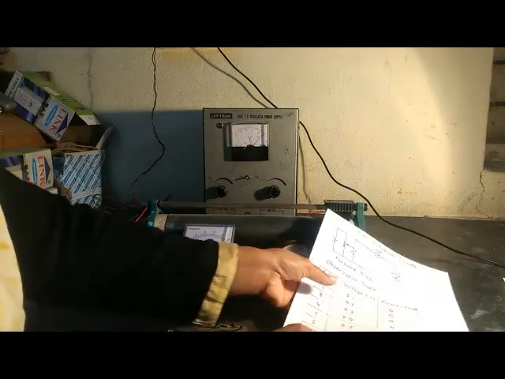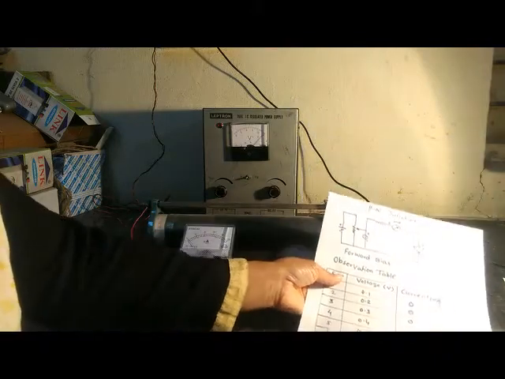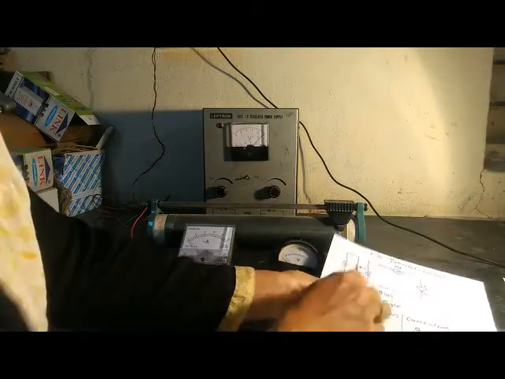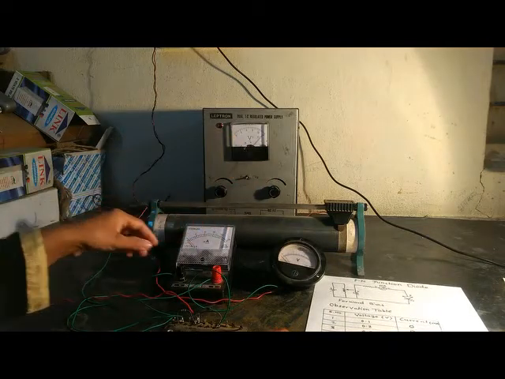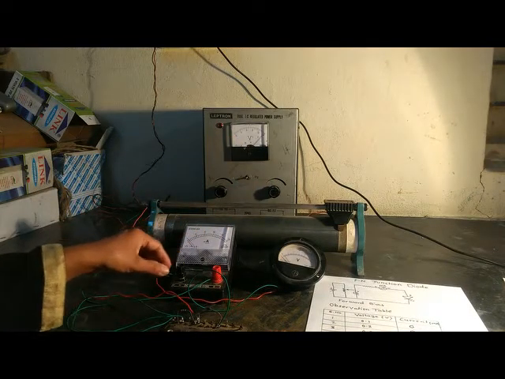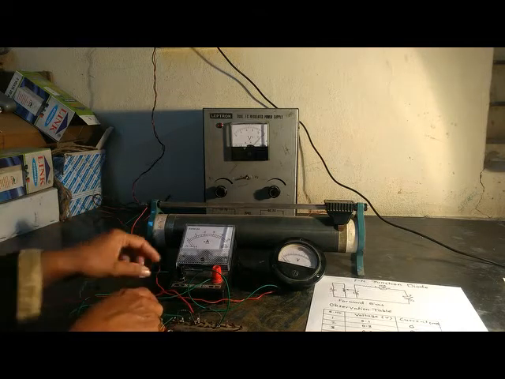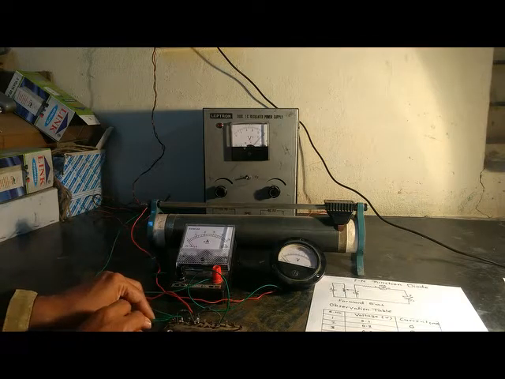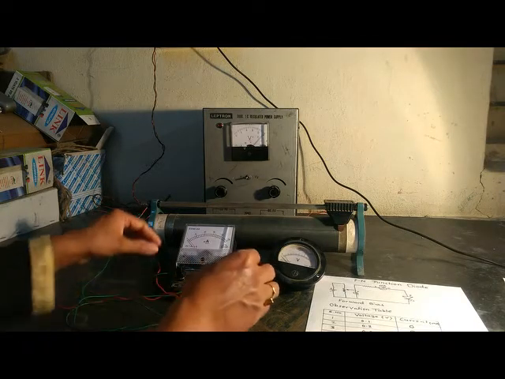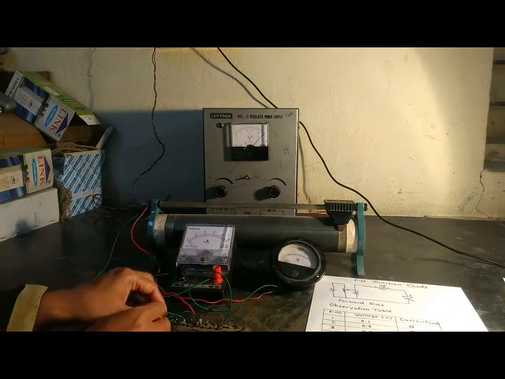After that I tell you about the connections. According to this circuit diagram, the milliammeter's positive terminal is connected to the variable point of the rheostat, and its negative terminal is connected to the diode.